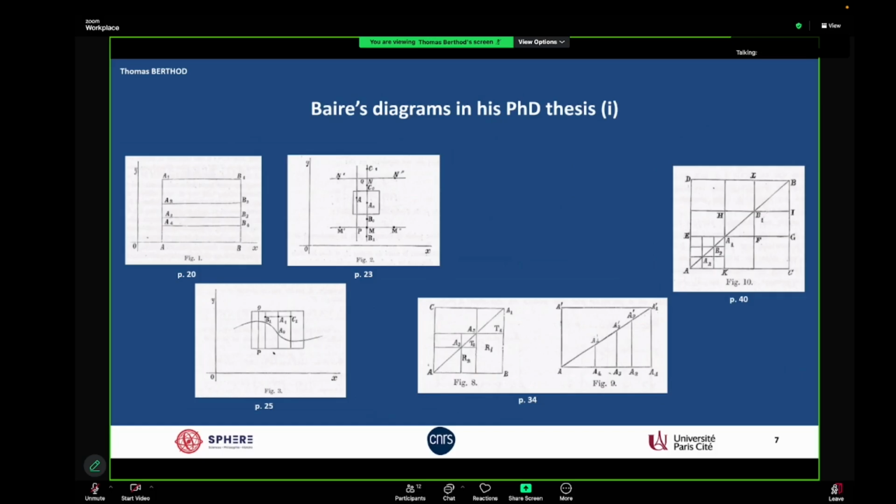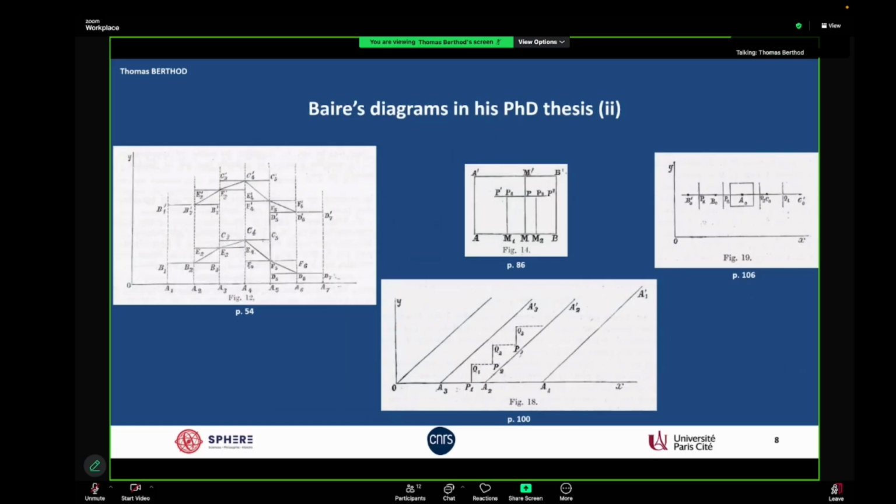If I take this one, the diagram 10 on the right, the interval AC corresponds to the x-axis, and the interval AD corresponds to the y-axis. So in some diagrams he didn't explicitly draw the lines for the axes, but implicitly you should keep in mind this framework.